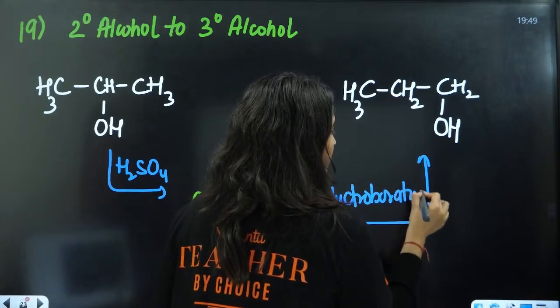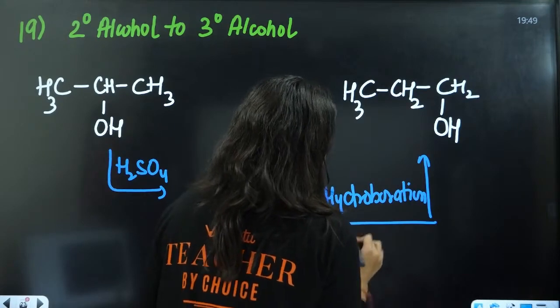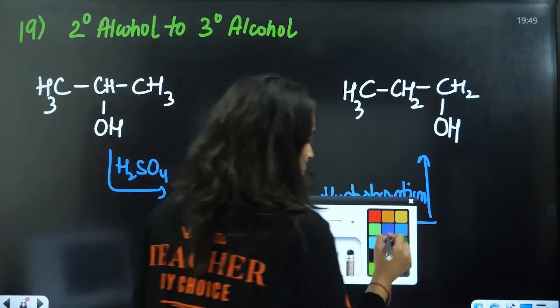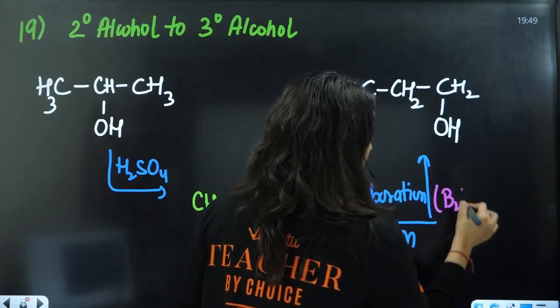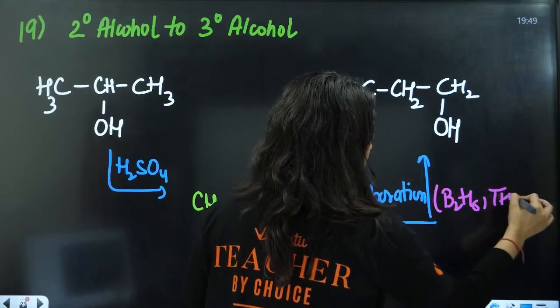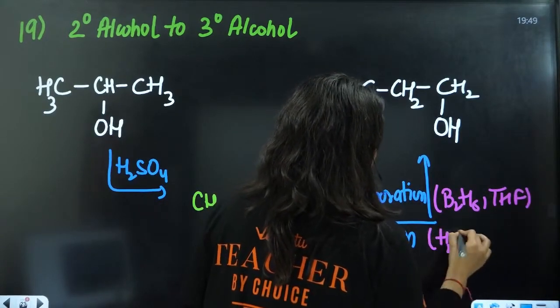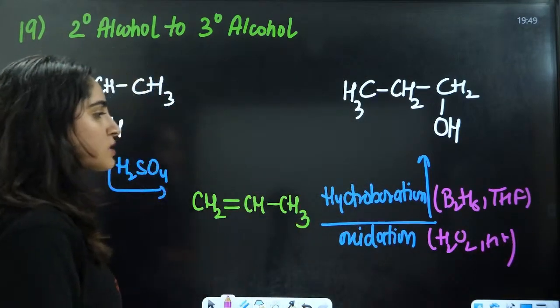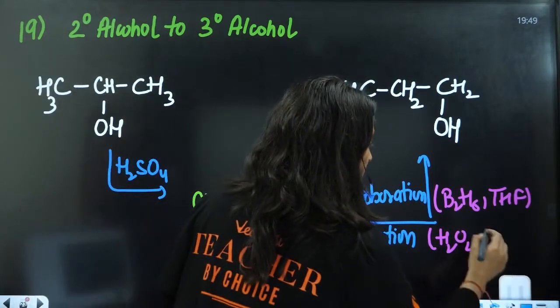Hydroboration, that is diborane, oxidation with peroxide. That was B2H6 in THF and then H2O2, right? So these are going to be the conditions here.